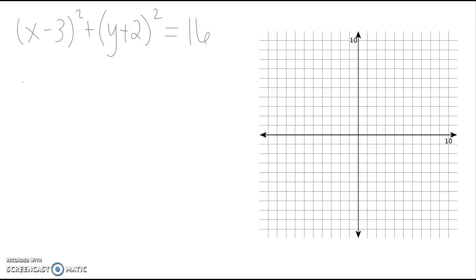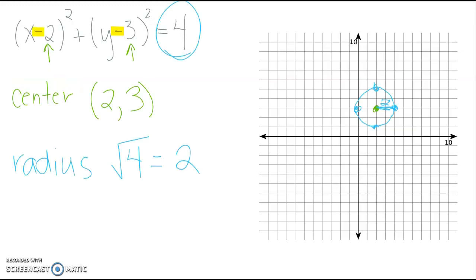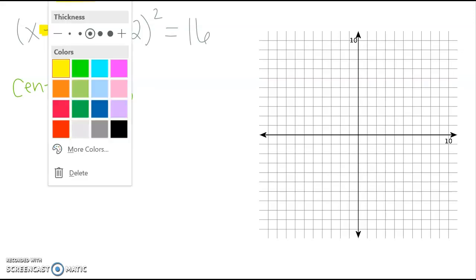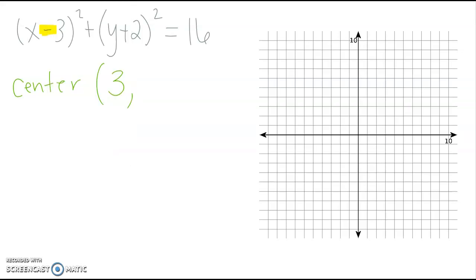The first thing we want to find is the center of my circle. And if we look back, remember, we pointed out that these were both minus signs. But in my example, I've only got one minus sign. So I know the first value is going to be 3. But if I look at the second value, I have a plus. So I want that to be minus.